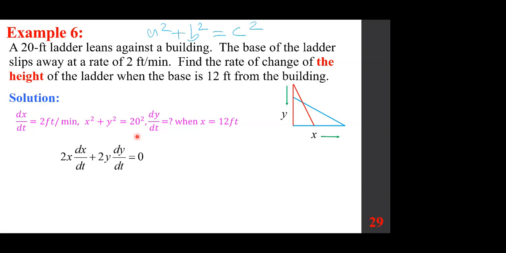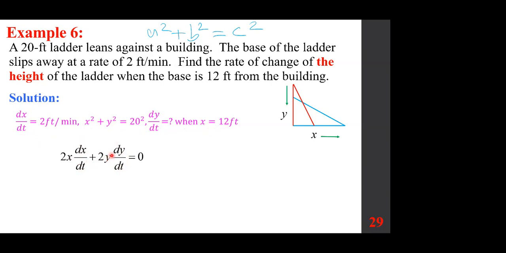So 2x dx/dt plus 2y dy/dt, and the right side gives you 0. Now, if we were to plug in, we notice this. 2 times x is given. dx/dt is what we are having as 2 feet, so far so good, plus 2 times y dy/dt. We want to find dy/dt, but we don't even have y.